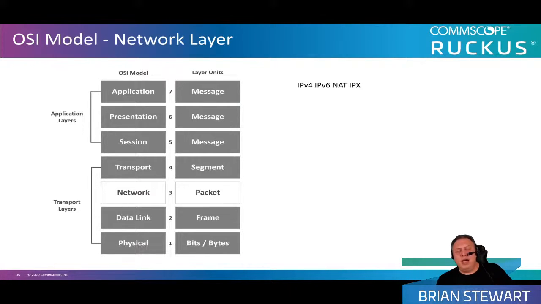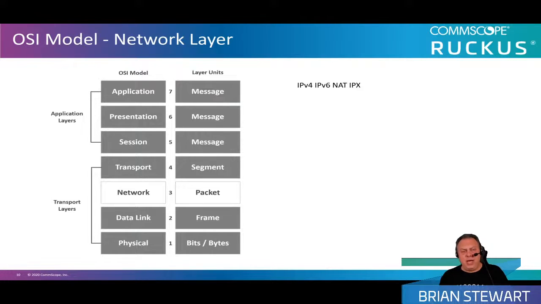There are a number of other protocols that would have existed here previously, things like IPX on older Novell networks. So IP is not the only way that has ever existed to communicate from a routing perspective, but it has become the predominant standard.